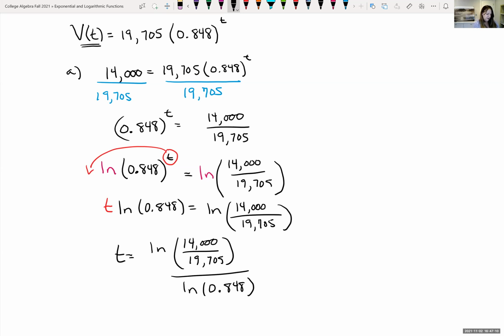So plugging it in, this gives me approximately 2.1 years.